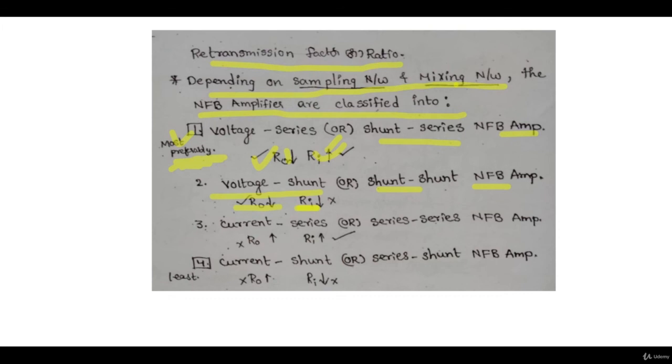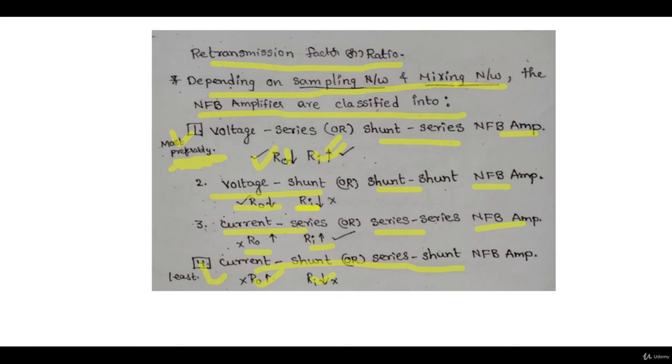Current series, also called series: they have different names. In this negative feedback amplifier, R0 will be increased but Ri will also be increased. So Ri we want, but R0 we don't want to increase. And the fourth, current shunt or series shunt negative feedback amplifier, will provide more R0 and Ri will be less, which we don't want.